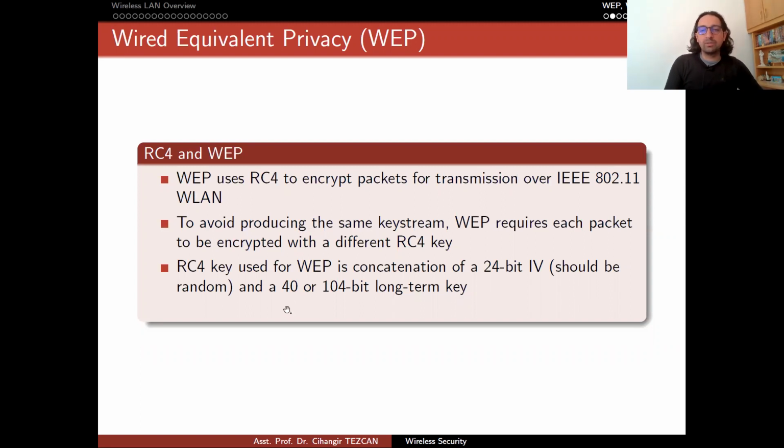As you might guess, 40-bit security is not enough. You can perform an exhaustive search against a 40-bit key using just a single laptop. But even if you increase the key length, the IV is also very short. So a 24-bit IV is too short.